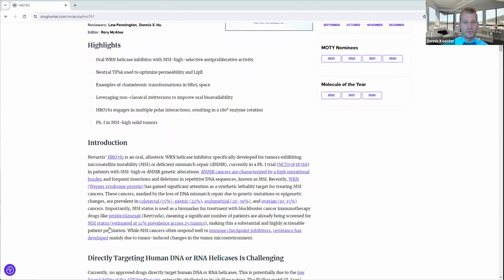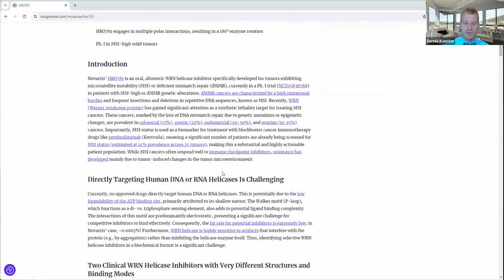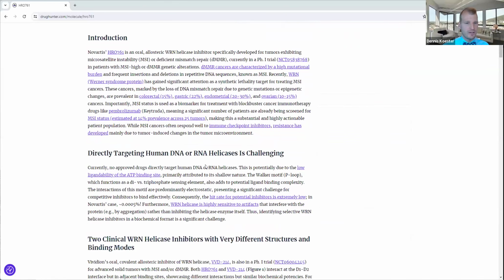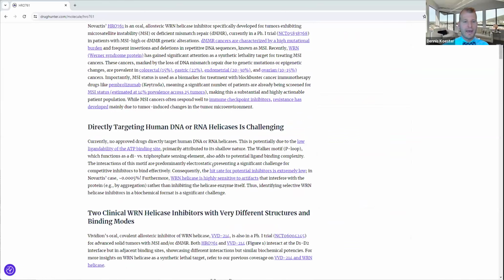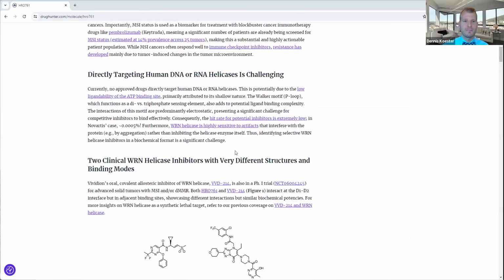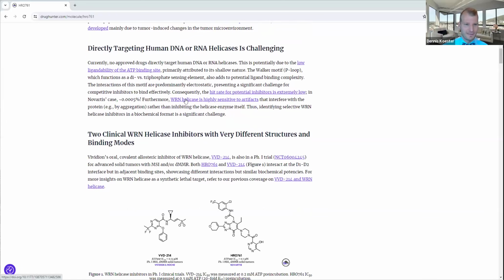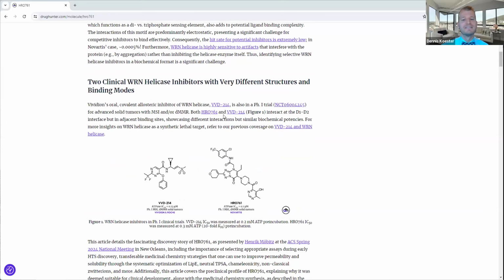We give you an introduction here as to why you should be reading about this, and all these purple links that you see here link out to primary literature, but it also goes beyond that. It goes into patents, company presentations, websites, clinical trial pages, and all of that. We give you a little bit of a perspective as to why it's so difficult to target helicases, and Henrik can probably sing a song about this.